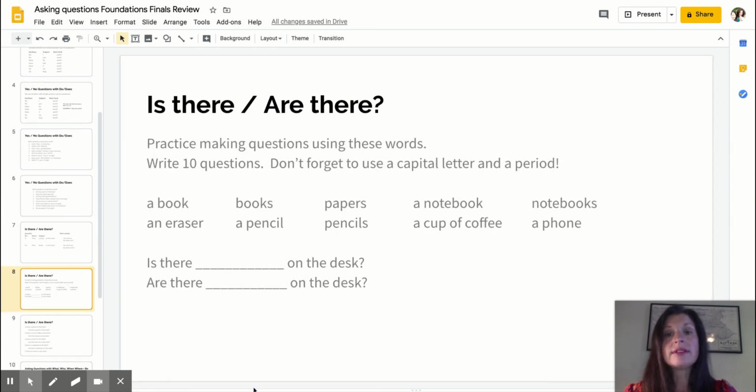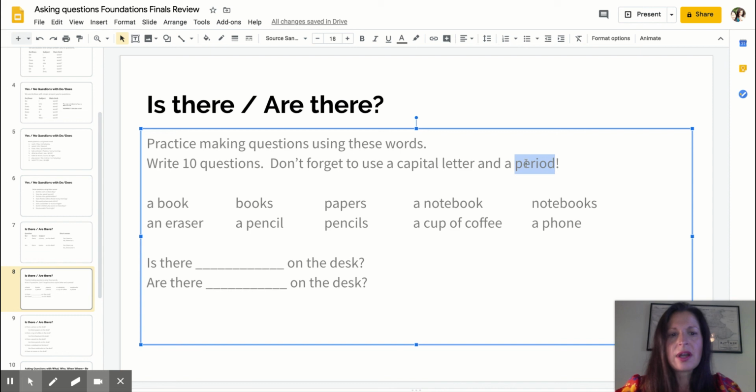So here is a list of 10 things. I want you to write 10 questions. Don't forget to use a capital letter and a question mark. I wrote period. I want you to use a question mark at the end of your question. I'm going to fix this right now. Question mark. I'll go like this so you remember what I mean.